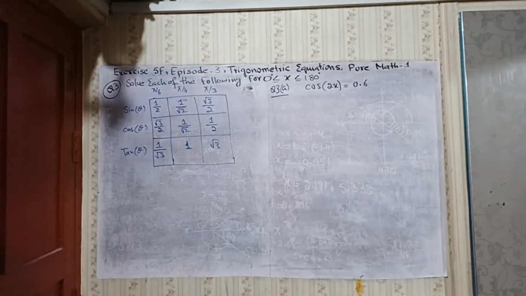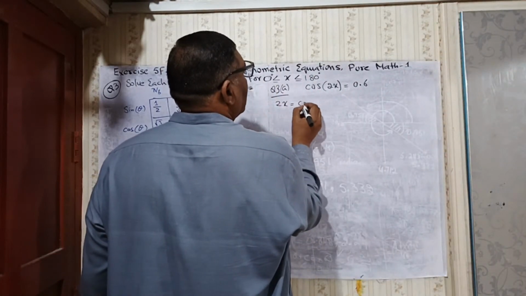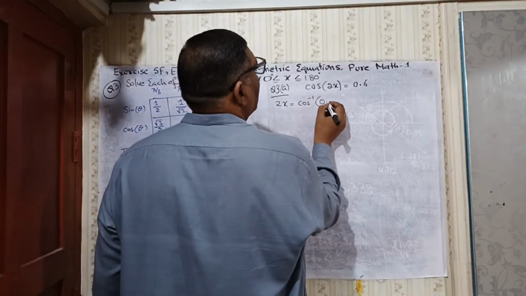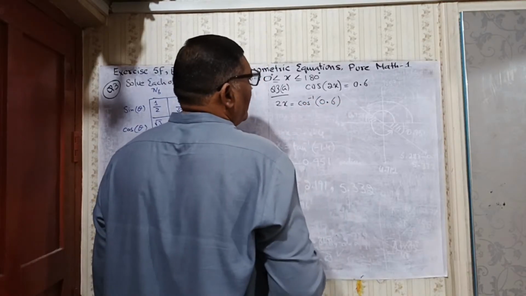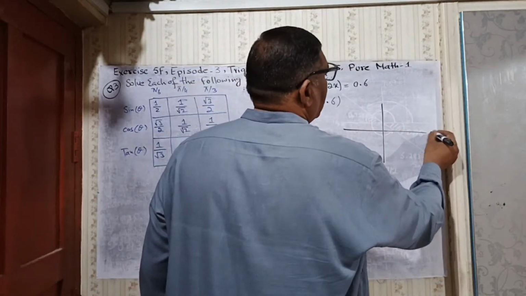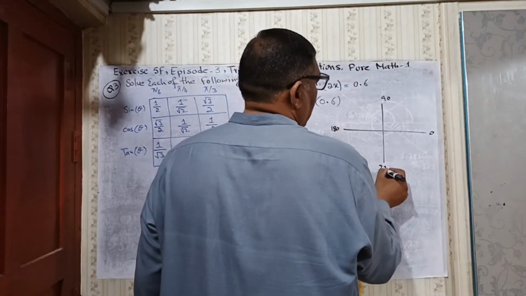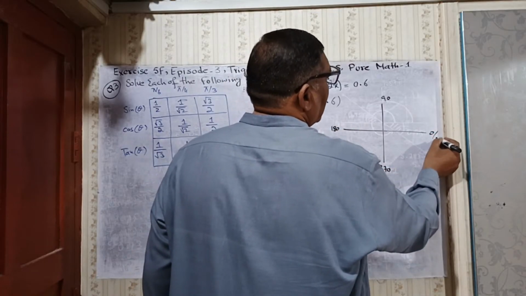So we will do this: 2x will be equal to cos inverse of 0.6. Here this is 0, this is 90, this is 180, this is 270, and this is again 360.